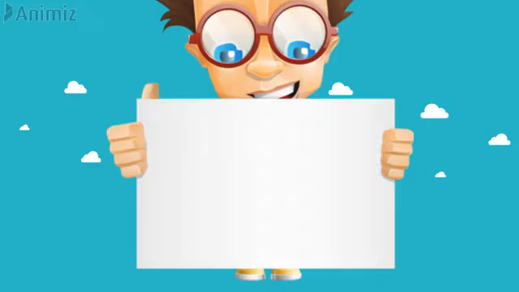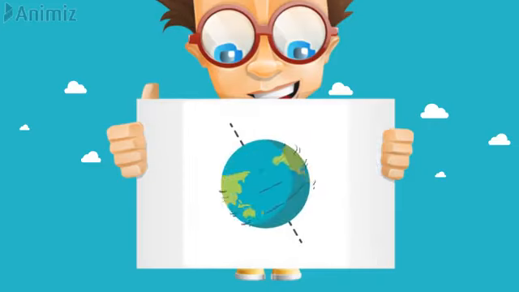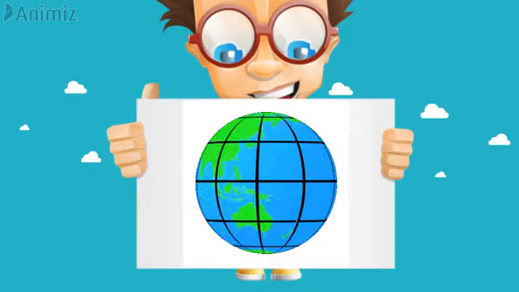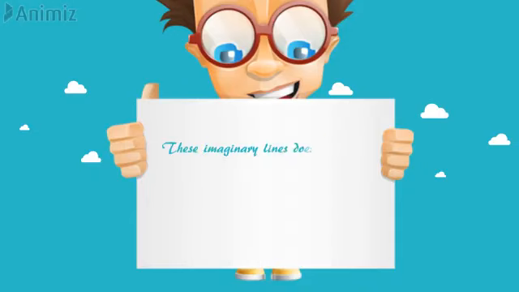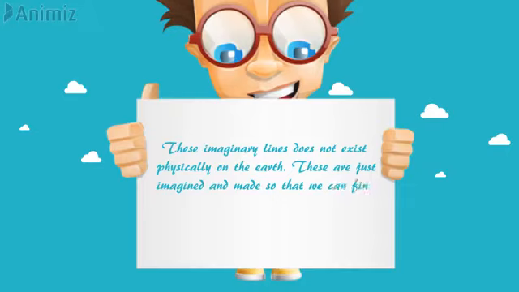So the geographers made a globe and drew some imaginary lines on it. Now let me tell you that these imaginary lines do not exist physically on the earth. These are just imagined and made so that we can find places easily.